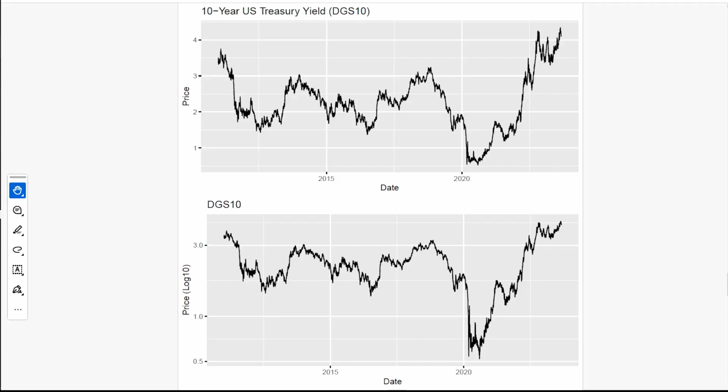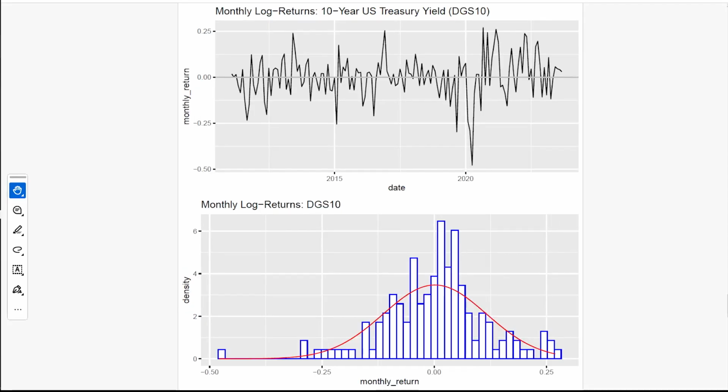If we look at the price or the yield changes on the log scale, we get this plot, which isn't too different in its appearance. But then if we look at the increments in log, which are log returns in mathematical definition. Log returns are not really the right terminology for the percentage changes in yield, but we'll basically be using the same terminology as before.